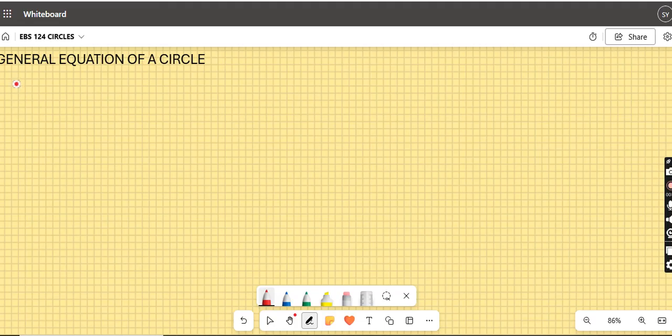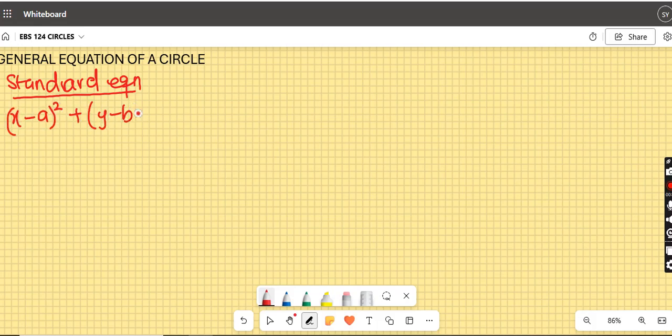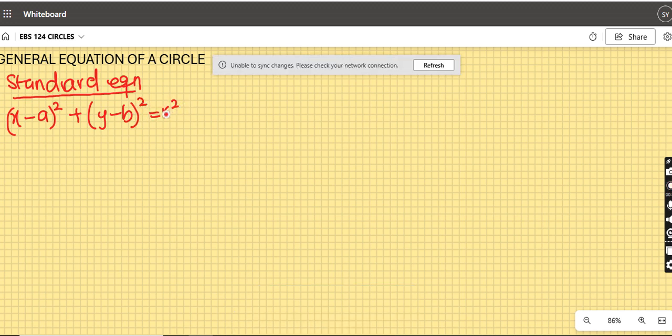Now we're going to derive the general equation of a circle from the standard equation of a circle. Remember that the standard equation was given by (x − a)² + (y − b)² = r².